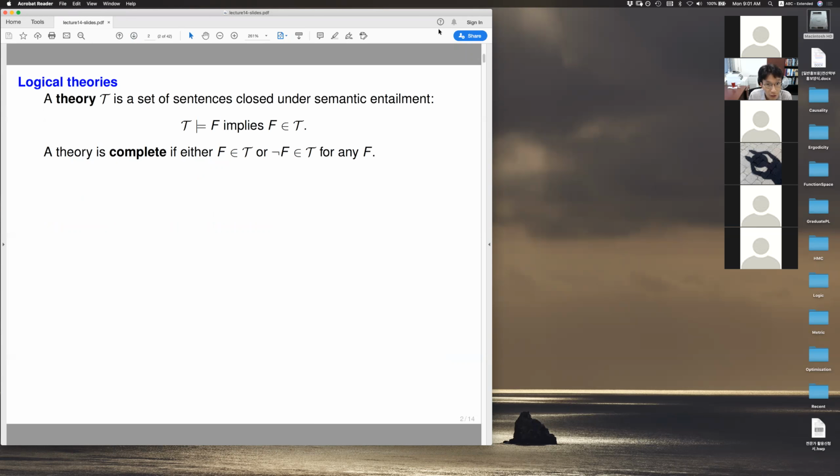To talk about this decidability, we will have to formally define the notion of a theory. When we define this, we will make an assumption that we fix a signature sigma.